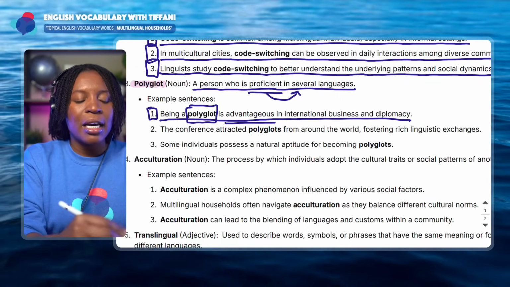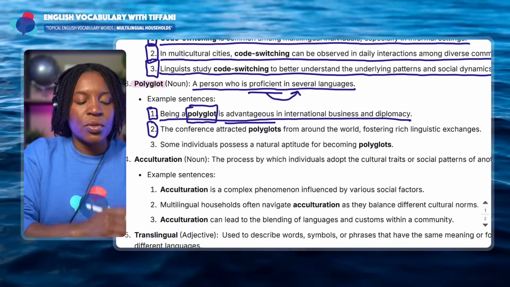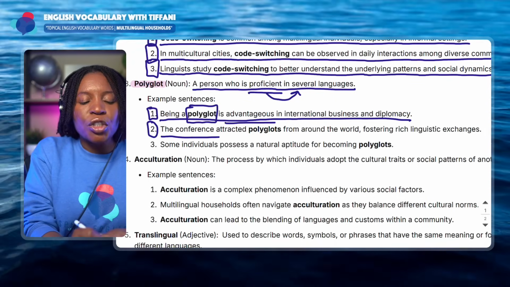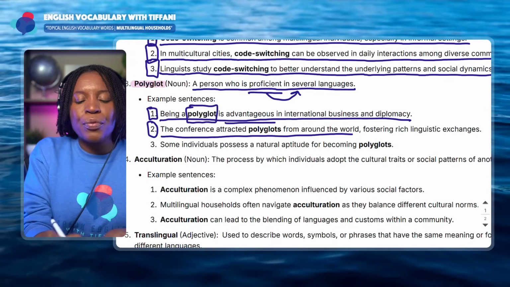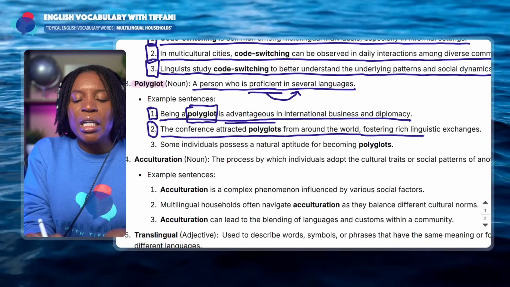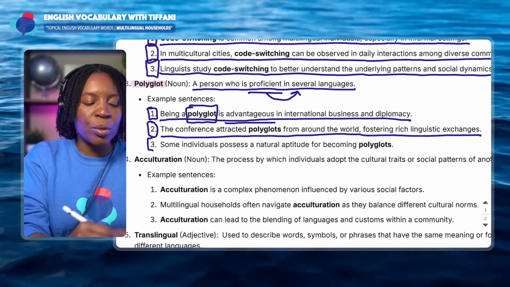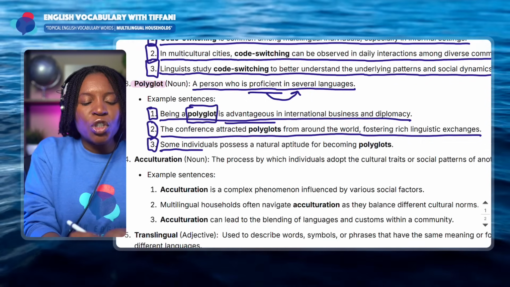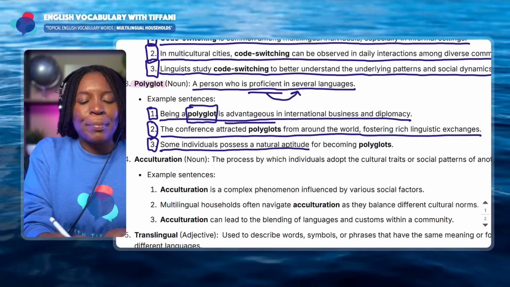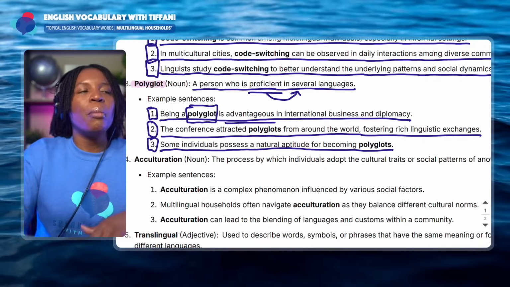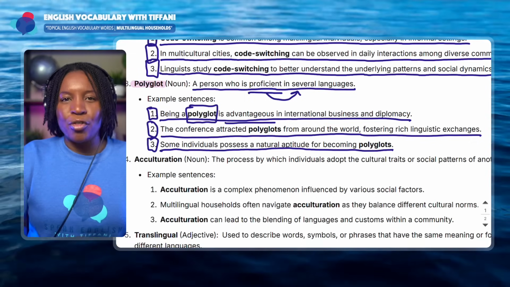Polyglot. The second example sentence. The conference attracted polyglots from around the world, fostering rich linguistic exchanges. And finally, number 3. Some individuals possess a natural aptitude for becoming polyglots, like my friend.